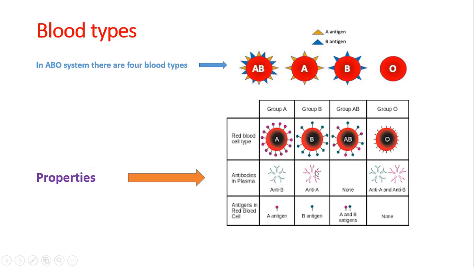In case of B, antibodies of type anti-A. In case of AB, there is no need to have any antibody because the 2 antigens A and B are present. In case of group O, there are 2 types of antibodies, anti-A and anti-B. Okay.